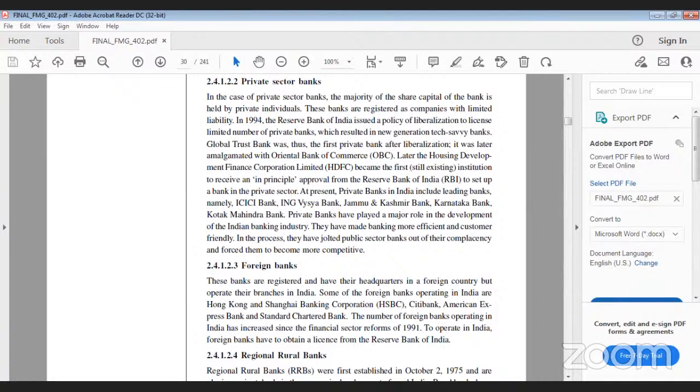In the process, they have joined public sector banks and are completely focused on becoming competitive. So both types of banks, private and public, can build the Indian economic system very brightly.